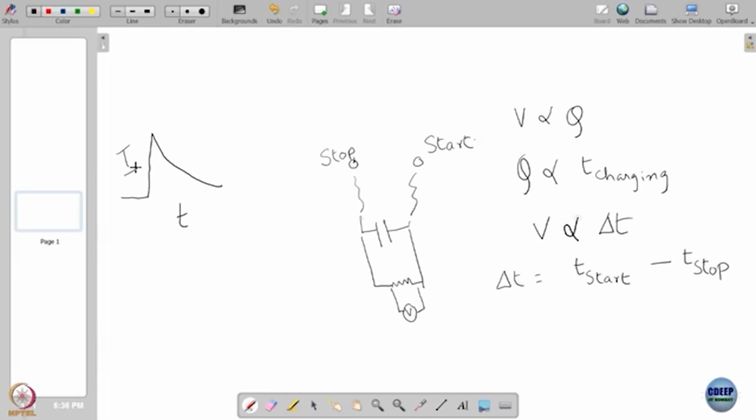When I say this is the decay of fluorescence, what I mean is that if you take a large number of molecules and perform an ensemble measurement, then population decay is like this. If I take one molecule and keep on exciting with a pulse and keep on recording delta t, what will happen? Will I get the same delta t every time? No, right? I will get different delta t's at different times.